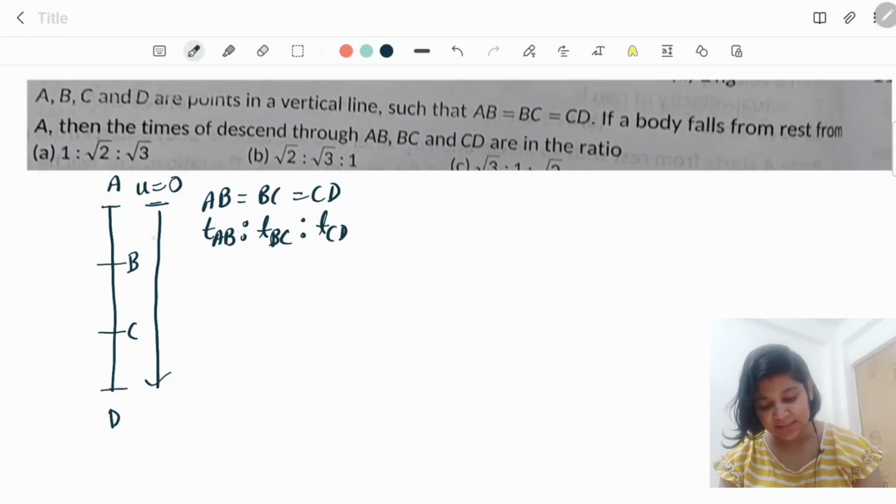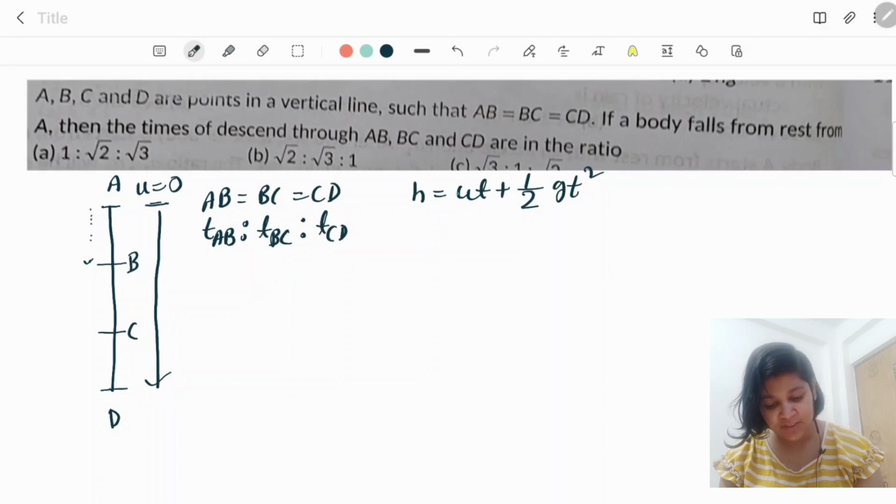Now here they are asking how much time will it take to travel from A to B. We can use our formula. Let us consider it is falling under the action of gravity. So we are replacing the acceleration with acceleration due to gravity.